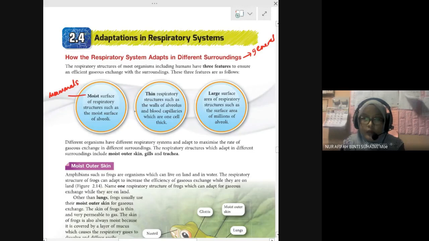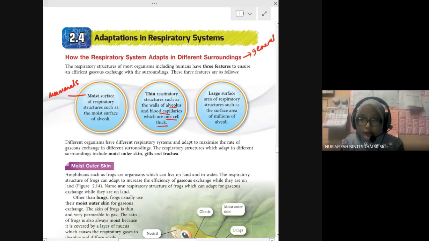Animals that give birth. Okay, second, thin walls of alveolus. Also for lungs, for mammals also, one cell thick. Remember, the thickness is only one cell thick for the wall of alveolus and blood capillary. Alveolus and blood capillaries are only one cell thick.